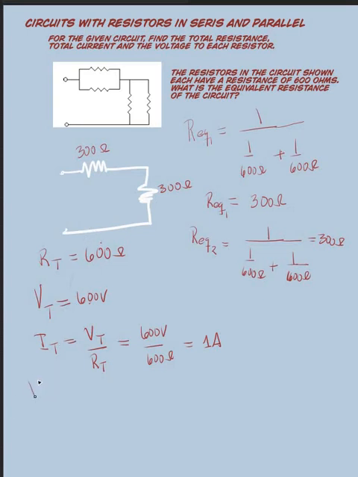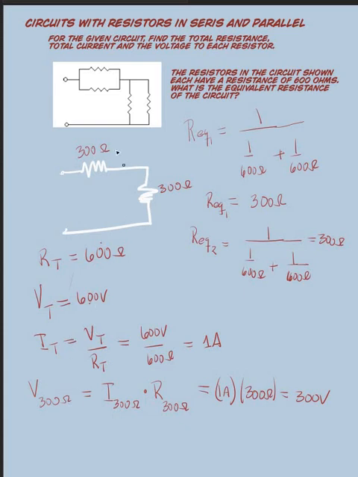We can say that the voltage for the resistor of 300 ohms is equal to the current that goes through the 300 ohms resistor times the resistance of those 300 ohms, which in this case is going to be the total current, because the current that goes through this one is the total, which is the same as here, 1 ampere. So it's going to be 1 ampere times 300 ohms. This is equal to 300 volts.